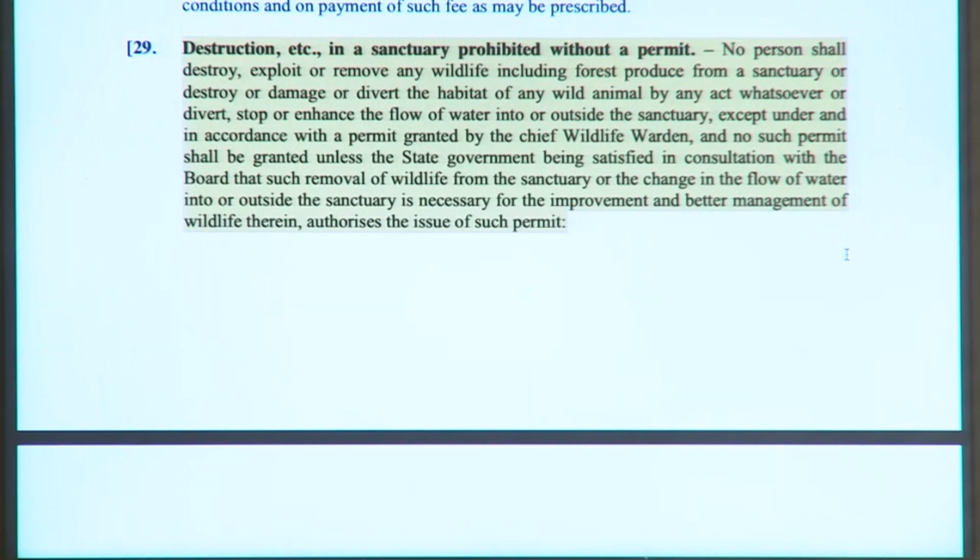So, no person shall remove a forest produce from a sanctuary or destroy or damage or divert the habitat of any wild animal by any act whatsoever, or divert, stop or enhance the flow of water into or outside the sanctuary, except under and in accordance with a permit granted by the chief wildlife warden, and no such permit shall be granted unless the state government, being satisfied in consultation with the board, and here the board is the State Board of Wildlife, that such removal of wildlife from the sanctuary or change in the flow of water into or outside the sanctuary is necessary for the improvement and better management of wildlife therein, authorizes the issue of such permit.